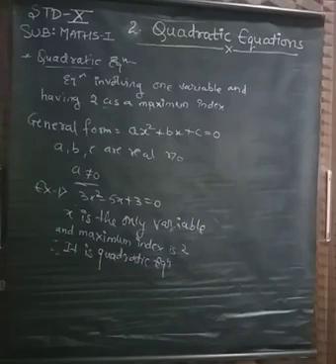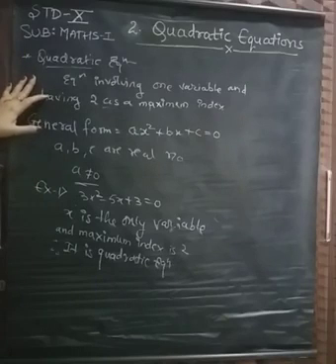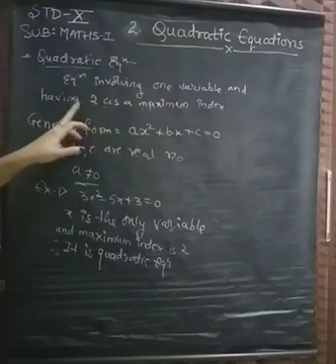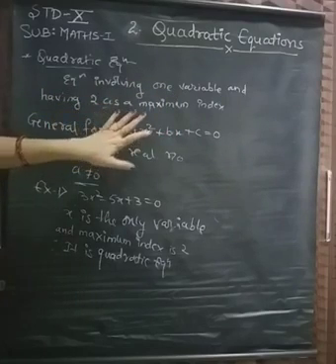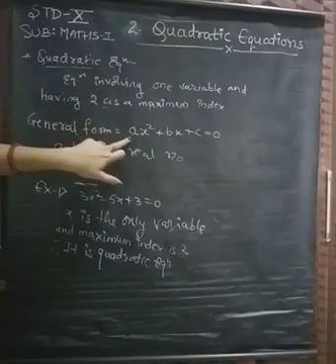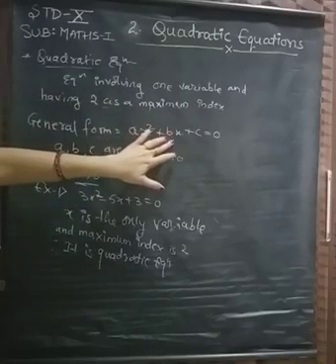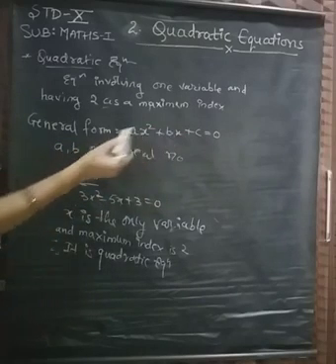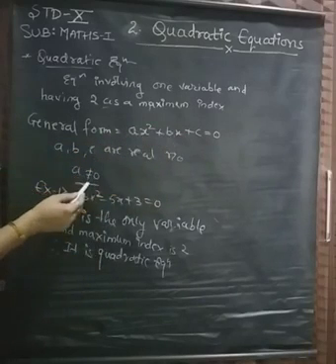Clear? So I hope now you all understood what is a quadratic equation: an equation involving only one variable and having 2 as the highest degree. Maximum index should be 2. The general form of this quadratic equation is ax square plus bx plus c equals to 0, where a, b, c are real numbers and a should not be equal to 0.